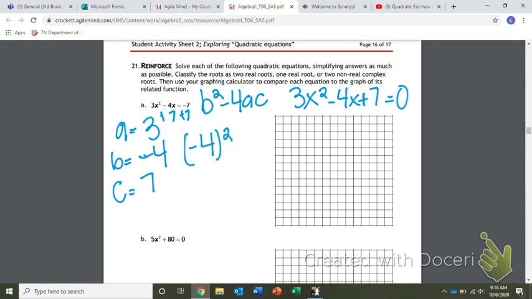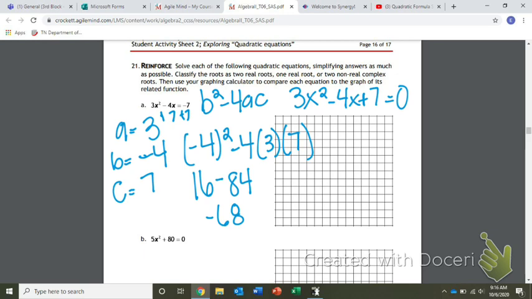-4 squared minus 4 times 3 times 7. Guess what you're doing? You are literally plugging that into your calculator. You get a -68.